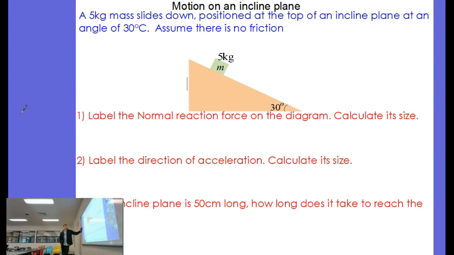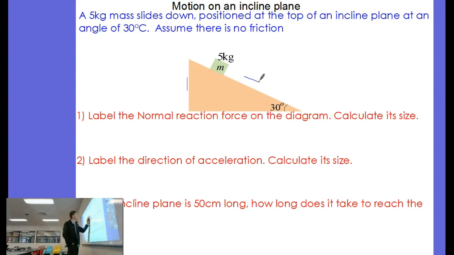Label the normal reaction force on the diagram and calculate its size. So, in this scenario, the mass of 5 kilograms is just sitting on the top of a plane. If there's no friction, what do you expect to happen? It's going to slide down. Yeah, it's just going to slide down. So we already have an understanding about its direction of motion. Does that make sense? Just by thinking about it logically.